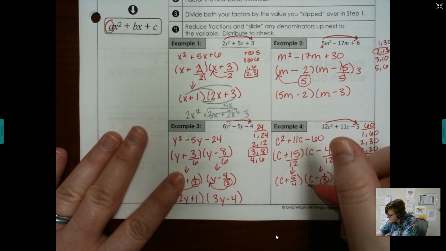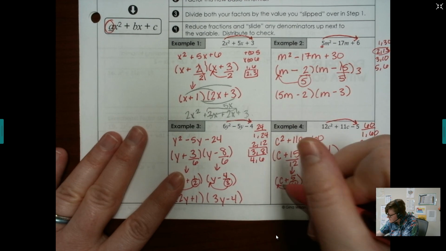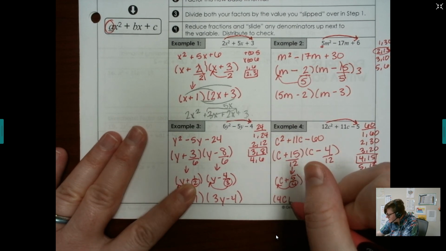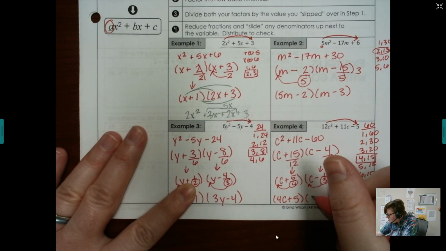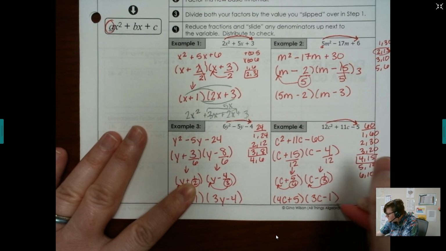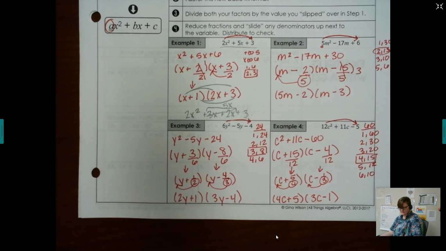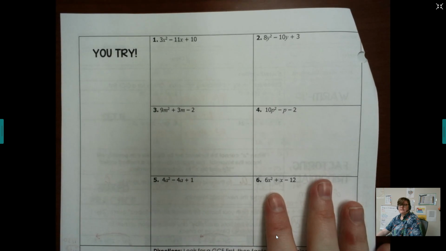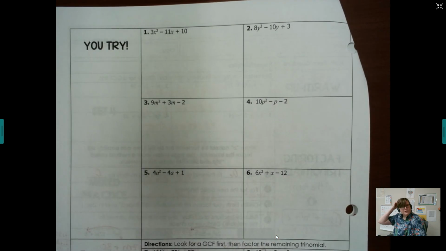So then we're bringing those denominators out to the front. 4c plus 5, 3c minus 1. Right, I'll give you 3, 2, 1 to get that down. And remember, you can always rewind and pause as needed because this is a video and you are in control of that.